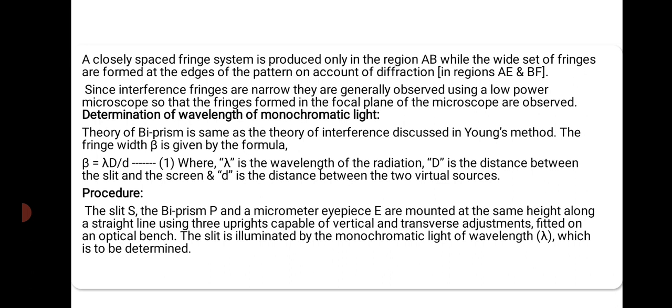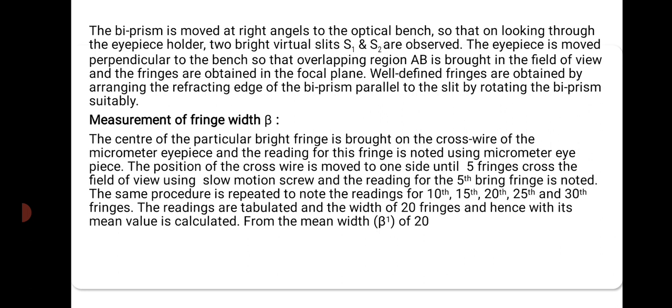Procedure of the determination of wavelength of monochromatic light. The slit S, the biprism P, and a micrometer eyepiece E are mounted at the same height along a straight line using three uprights capable of vertical and transverse adjustments fitted on an optical bench. The slit is illuminated by the monochromatic light of wavelength lambda, which is to be determined.